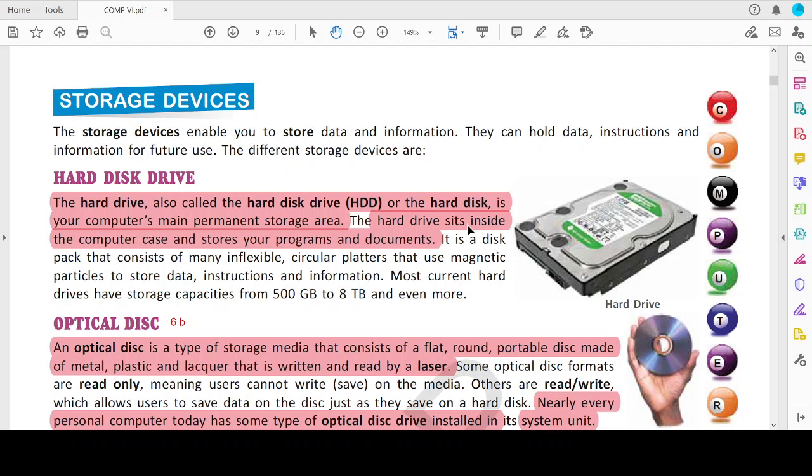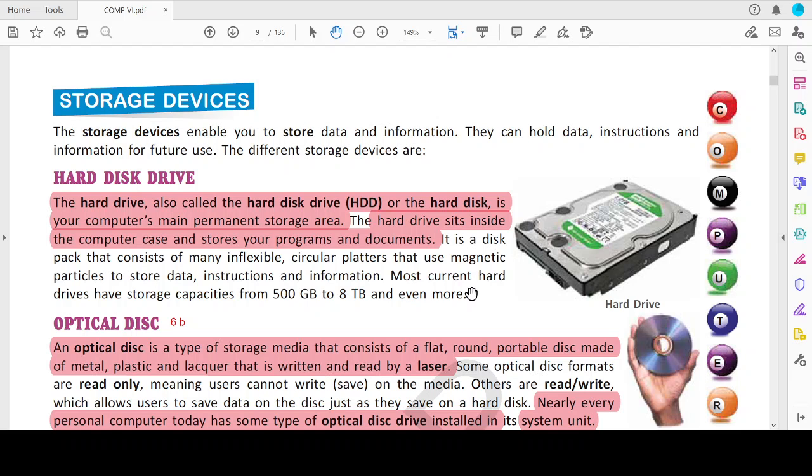The hard drive sits inside the computer case and stores our programs and documents. It is a disk pack that consists of inflexible circular platters that use magnetic particles to store data, instructions, and information. Most current hard disk drives have a storage capacity of 500 GB to 8 TB and even more.